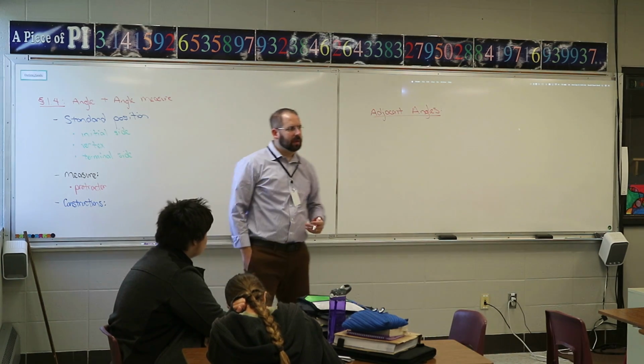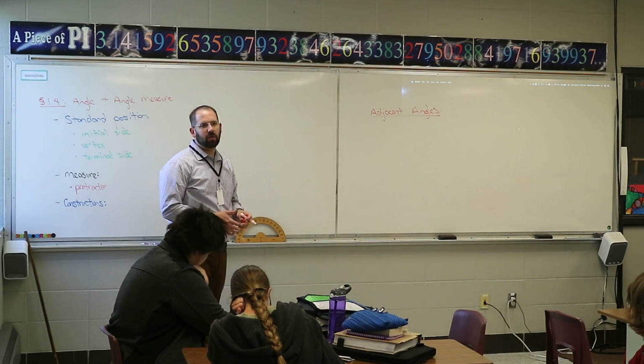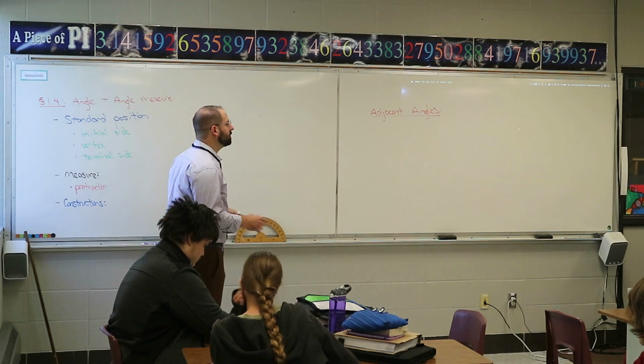Adjacent angles. It's not a classification of angles like by degrees. An adjacent angle can be any type of angle, doesn't matter the size, 20 degrees, 180 degrees, it really doesn't matter.